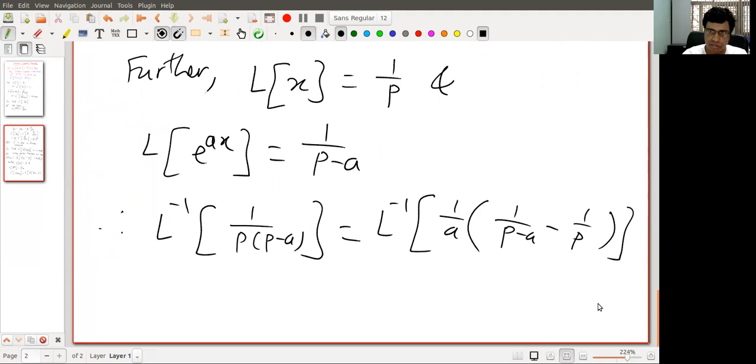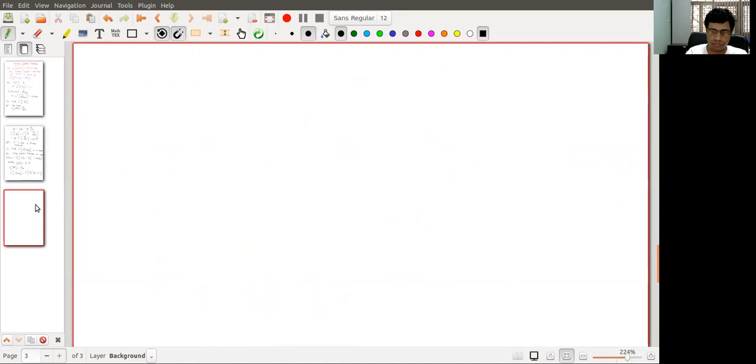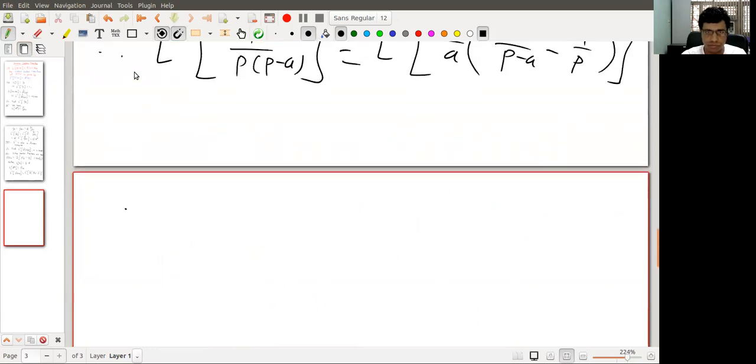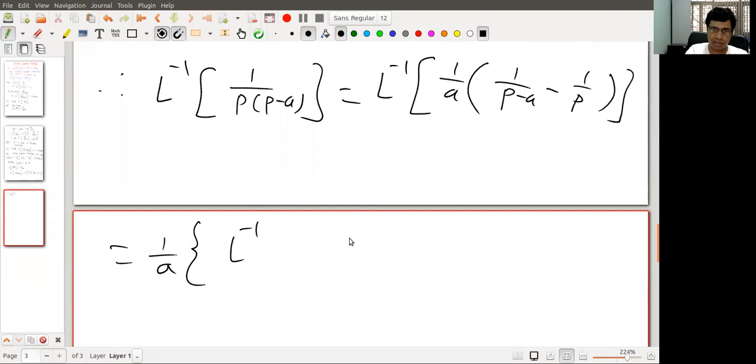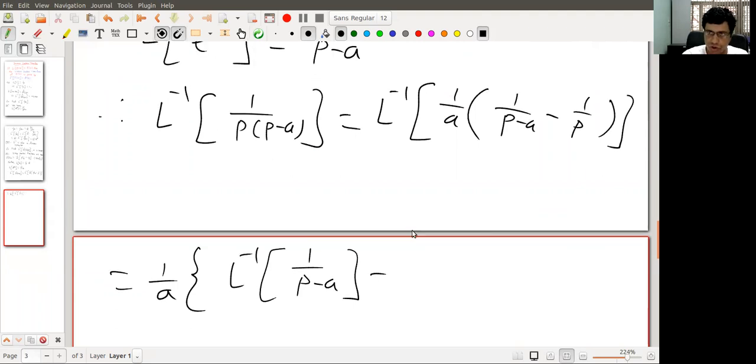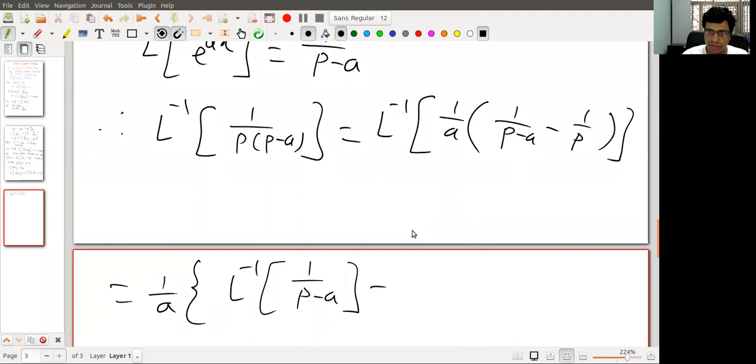This is equal to 1 upon a into L inverse of 1 upon p minus a minus L inverse of 1 upon p.